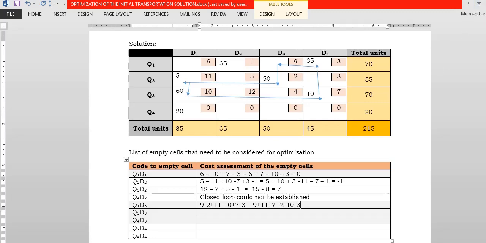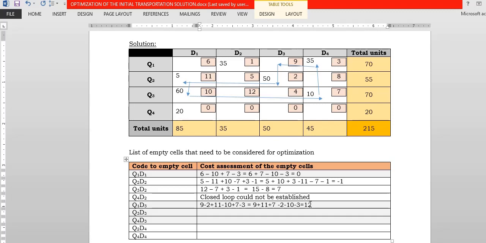Get the answer. So 9 plus 11 is 20. 20 plus 7 is 27. 27 minus 15 is equal to 12. So that is Q1, D3.